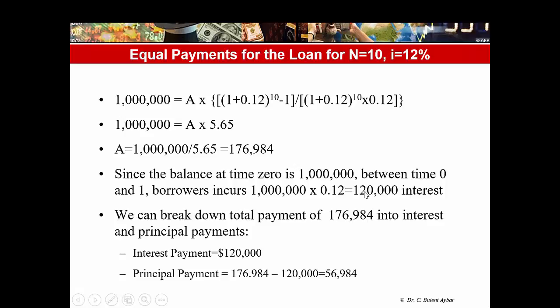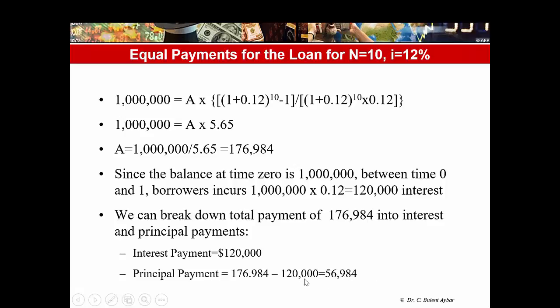So in the first payment that we make, $120,000 of the $176,984 is the interest payment, and the remaining amount is the principal payment, which is the difference between $176,984 and $120,000, equal to $56,984.